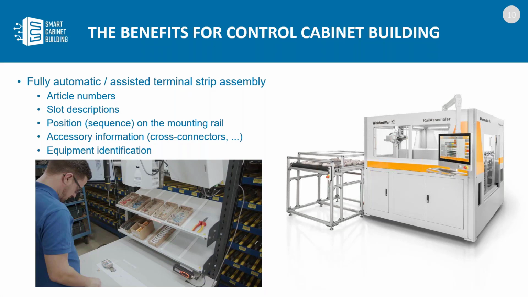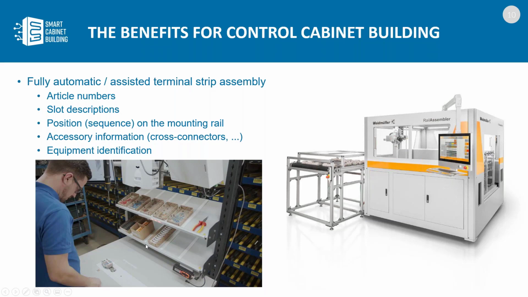So for example, to add some cross connectors or some other bigger components or some markers which are not assembled on the rail assembler, you can do all the steps to finish the terminal strip with this assisted system.